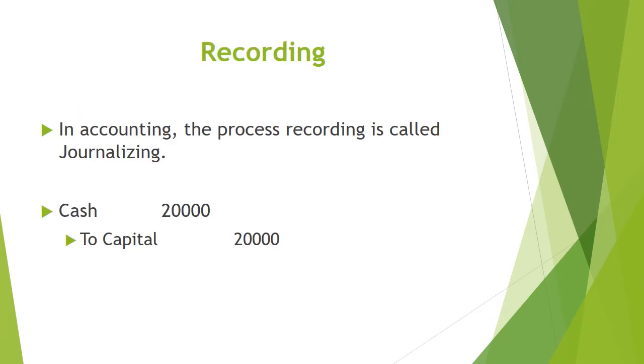And then after recording, what is recording? In accounting, the process of recording is called journalizing. When we make a journal entry of any transaction, that is called recording. And how will we make the journal entry?